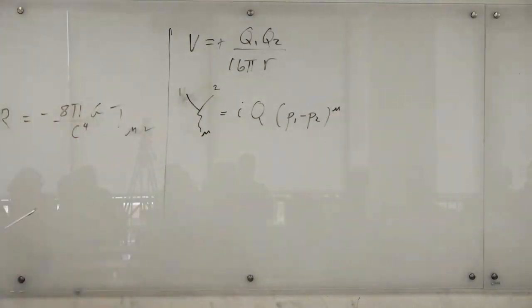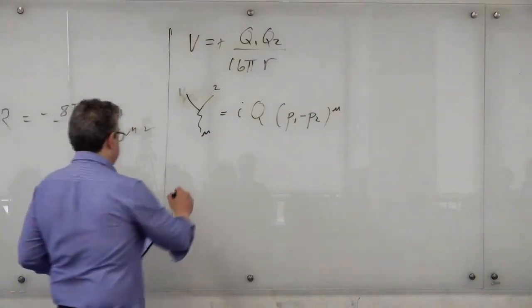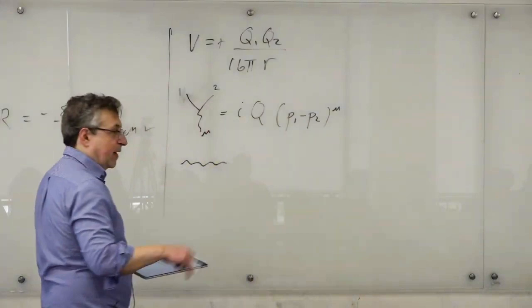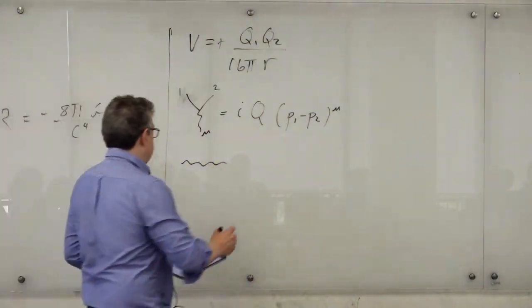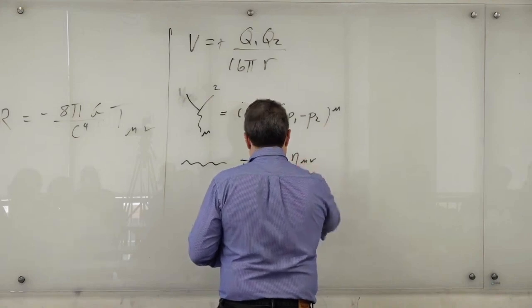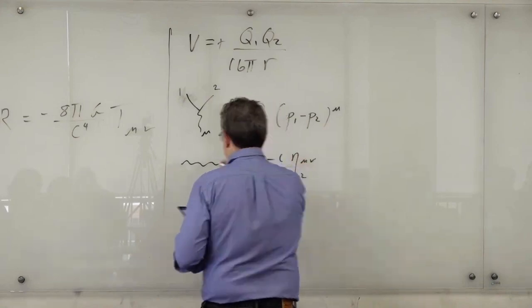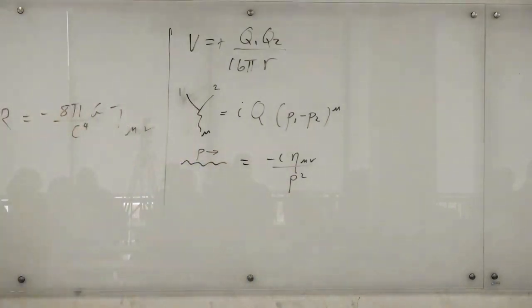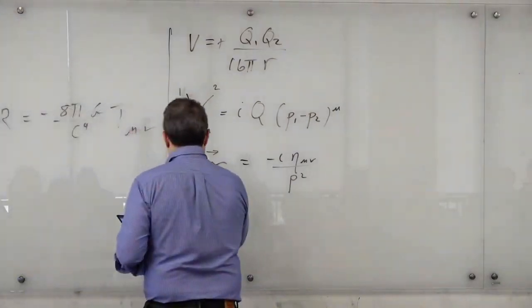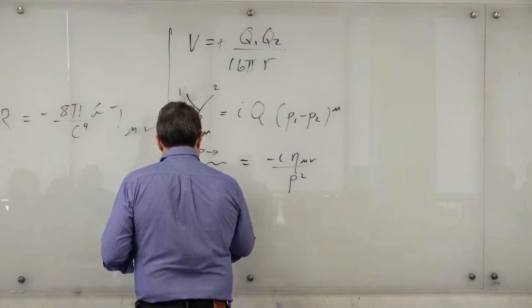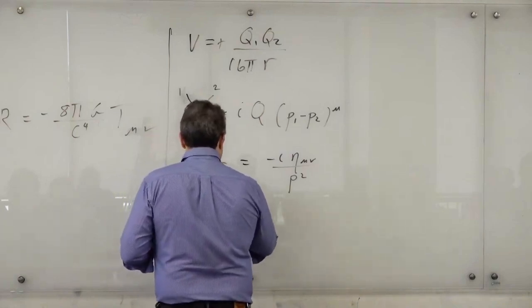Okay? And then I need a Feynman propagator. So I'm going to pick a gauge. If we try Feynman gauge, it's minus i eta mu nu over p squared if p goes this way. And what else do I need to know? I need to know, and this will be very useful for us, how to do a state sum of the polarization vector.